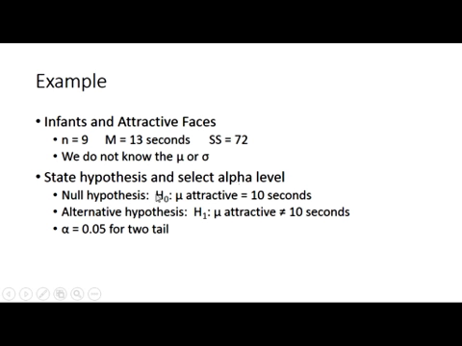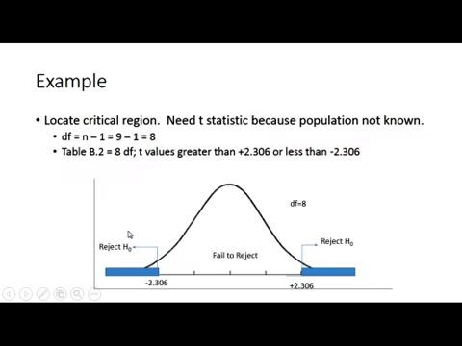The null hypothesis again is that there's going to be no difference in the amount of time that the infants look at it. We're estimating that no matter what type of face it is, they're going to look at the face about 10 seconds. Whereas the alternative hypothesis says that it's not going to be 10 seconds. It's going to be greater than or less than. And we set our significance level, or alpha level, at 0.05 for two tails.